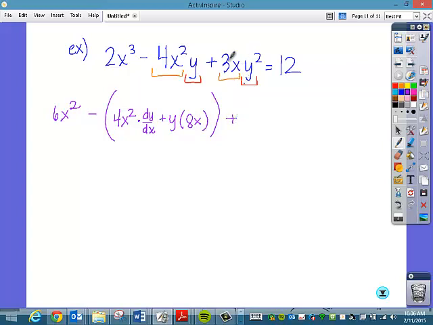Now I'm going to do product rule again. First times the derivative of the second, which is 2y dy dx. First times the derivative of the second plus the second times the derivative of the first, which is just 3. And that's equal to the derivative of 12, which is 0.